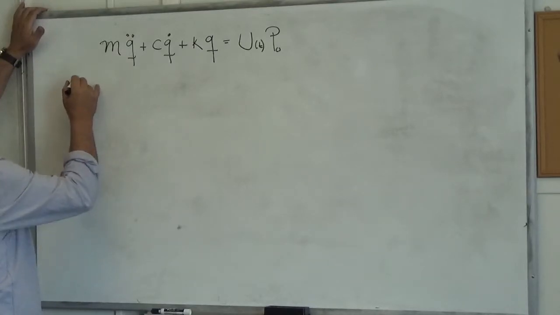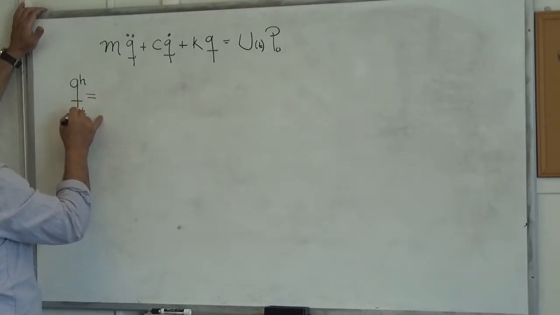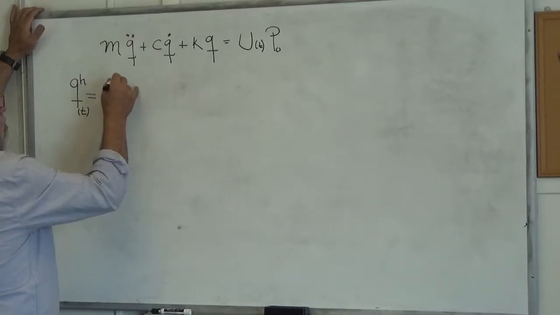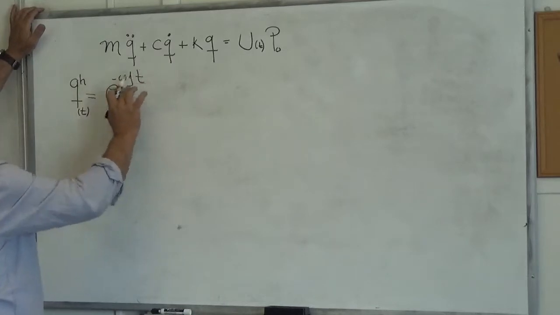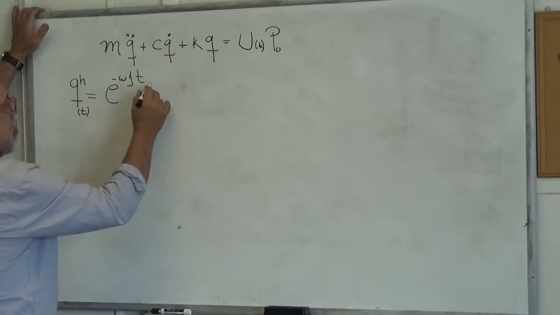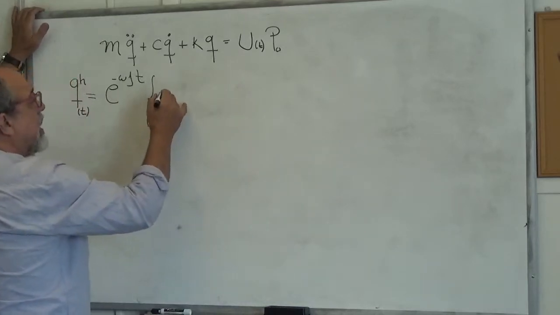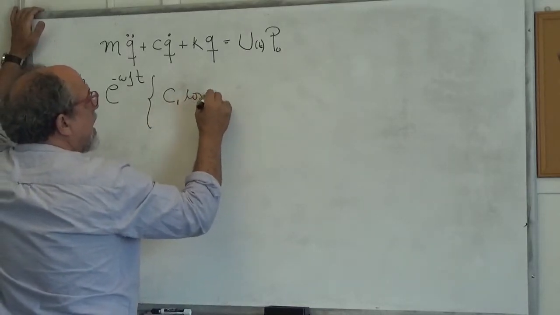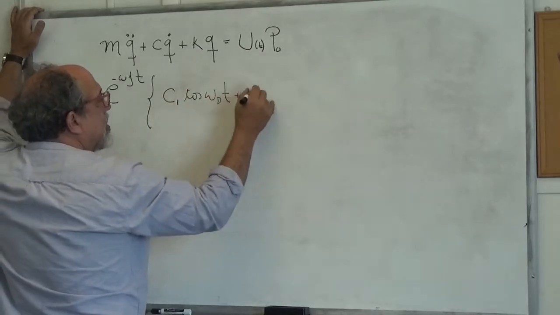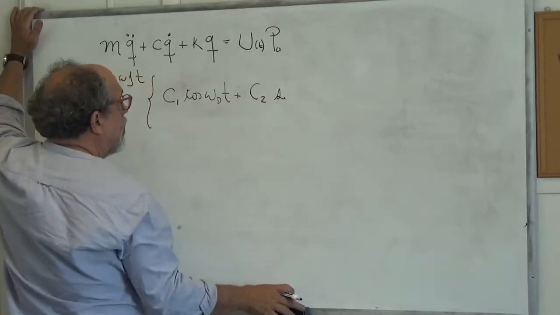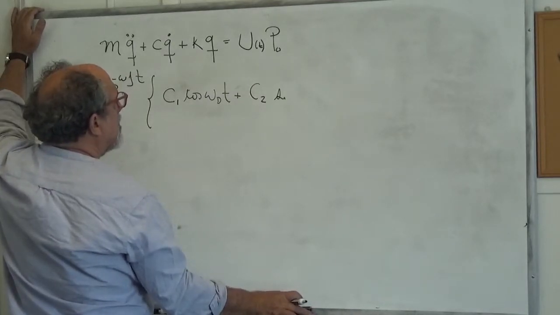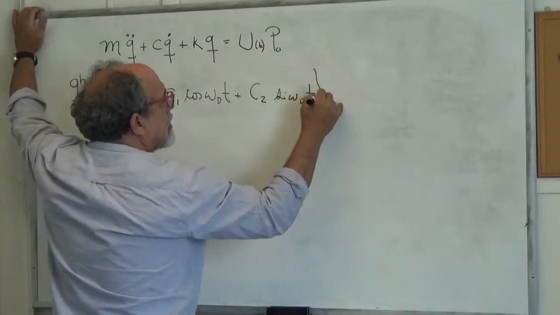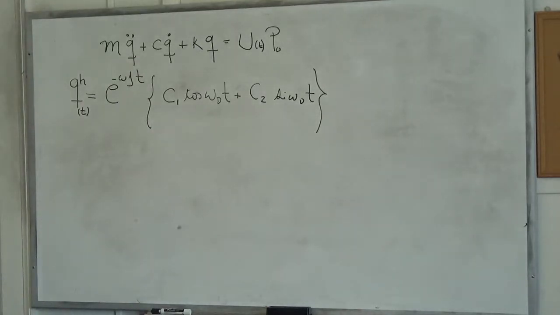The homogeneous solution, that is the solution to the single degree of freedom equation when the right hand side is equal to 0, can be written as e to the minus psi omega t, the decaying function, times, instead of putting initial conditions here, C1 times the cosine of omega damped t plus C2 times the sine of omega damped t. That is the homogeneous solution.